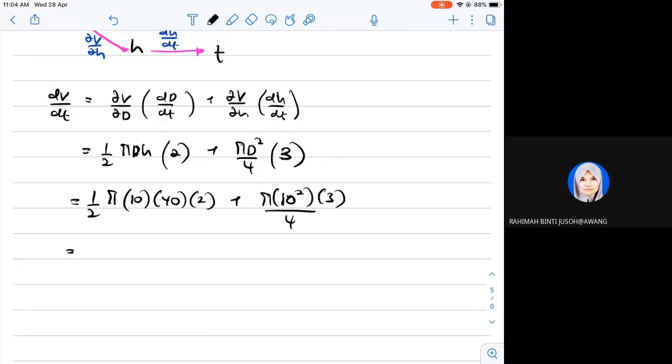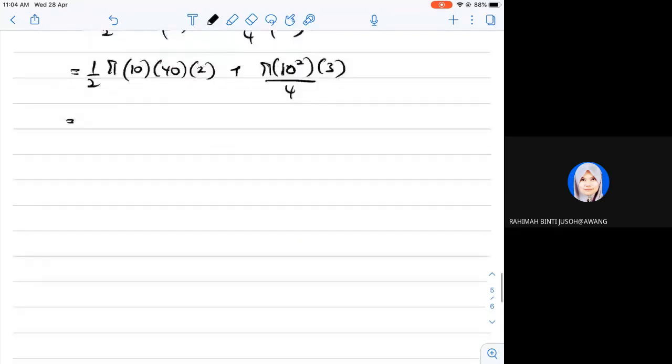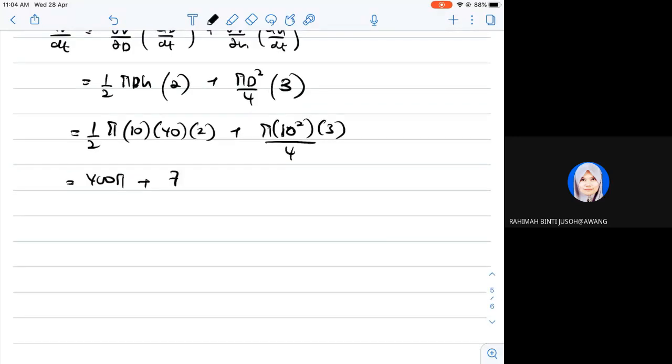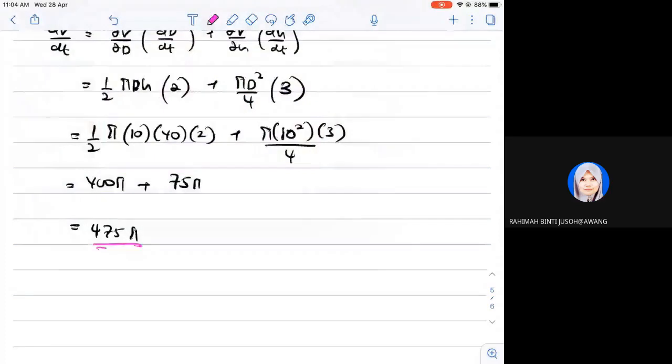Did you have a calculator? So the 2 cancels and it becomes 400 pi plus 100. 300 over 4. 125 times 75. 75 pi, isn't it? If I'm wrong, tell me. So the answer is 475 pi. Did you get it, guys?